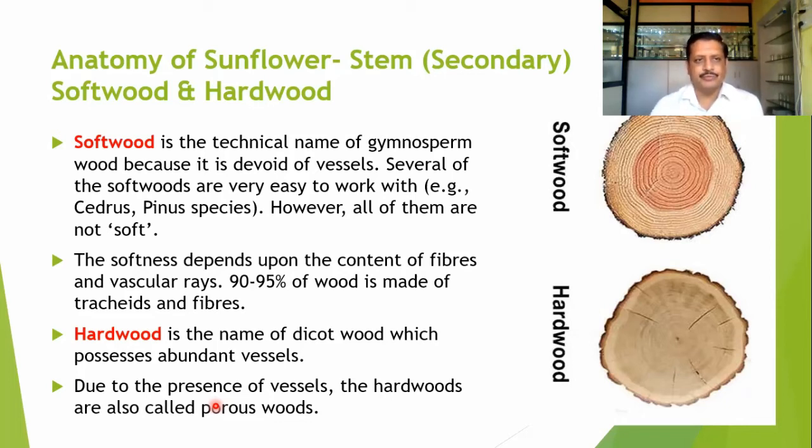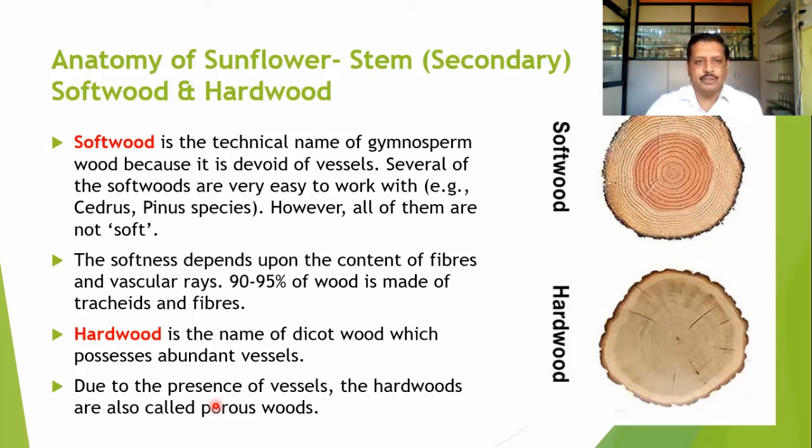Now what is the softwood? Softwood is nothing but the technical name of the gymnospermous wood, where we can find there is absence of vessels. And because of absence of vessels, naturally there is another tissue where the rays and tracheids are maximum in number, and because of that the wood becomes very soft because stronger xylem elements have not developed.